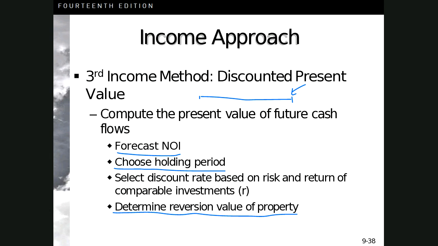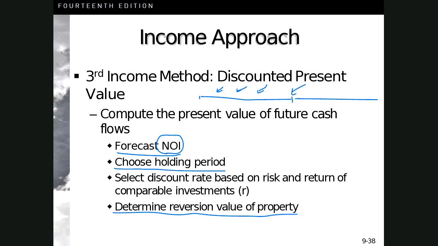Okay, so what's the difference between the net operating income approach that we previously knew? Previously, we assumed that it's going to be an infinite stream of net operating incomes all the way towards eternity, let's say, whatever that means.